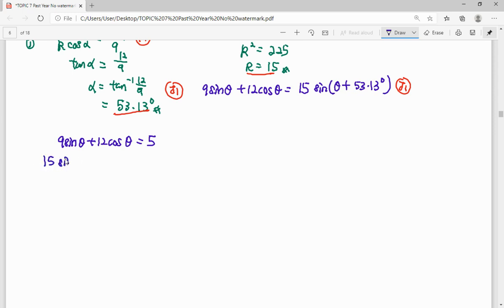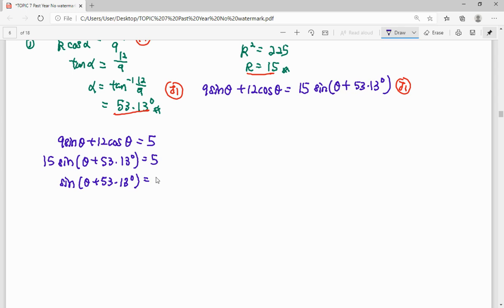It will be 15 sine theta plus 53.13. So after we substitute this part, we are going to solve this equation. We express it to the format that we want, which is trigo, angle, and we move the 15 to the right hand side.